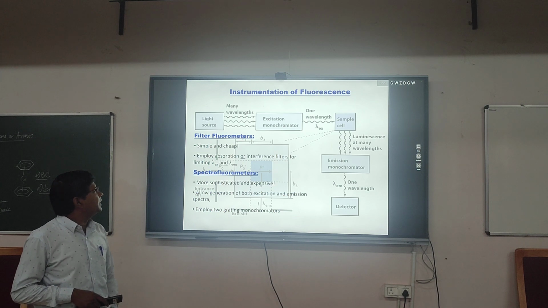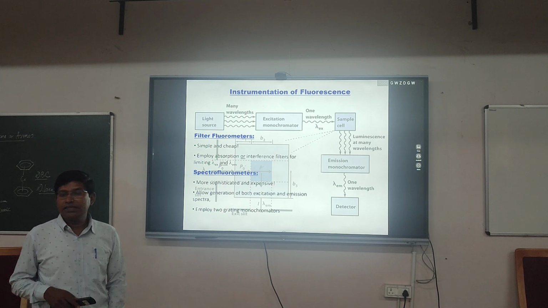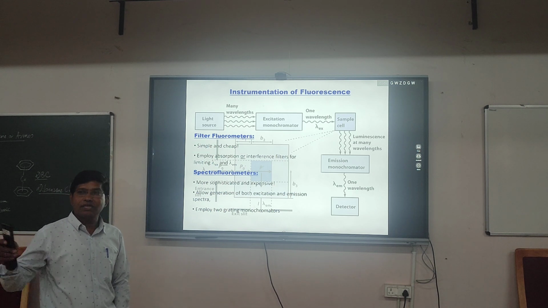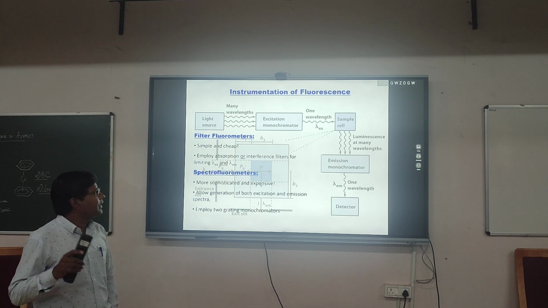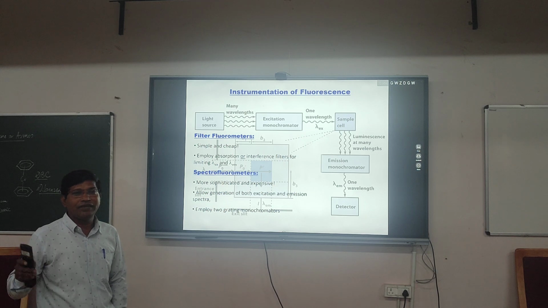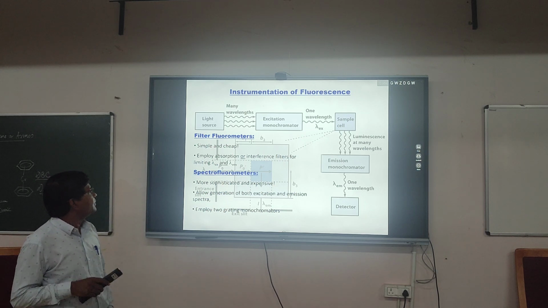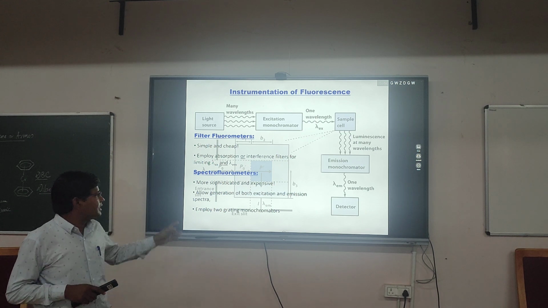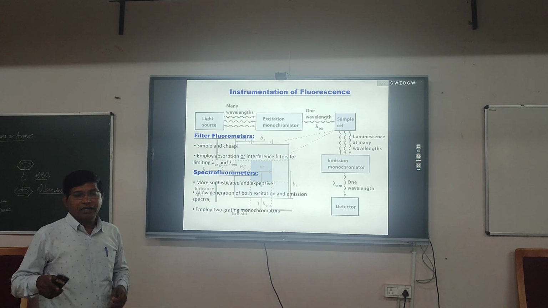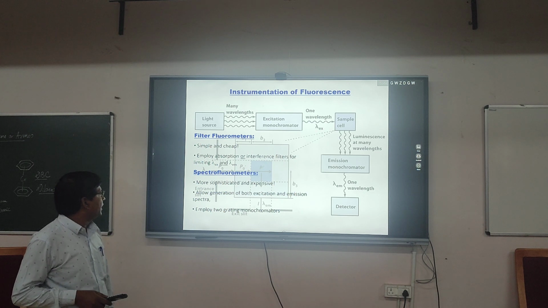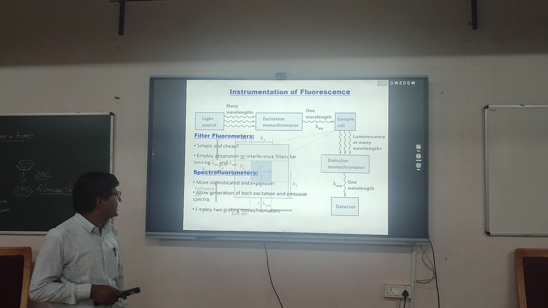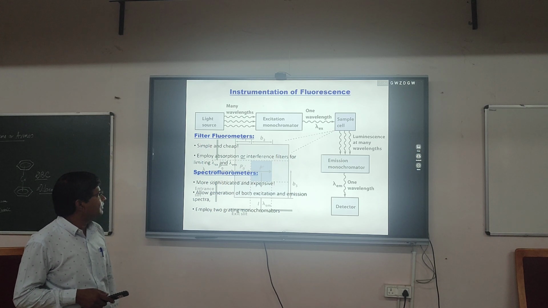So we can say a filter fluorometer is like a flame photometer, where we can determine sodium, potassium, calcium, magnesium, and different filters are used for different elements. And we have spectrofluorometers, which are advanced or modern, but the cost of this instrument is very expensive.